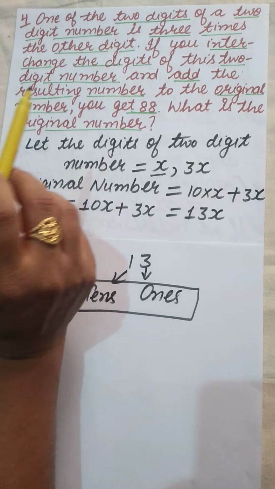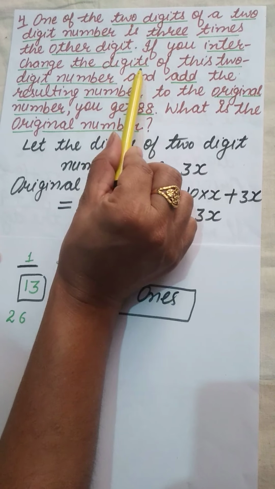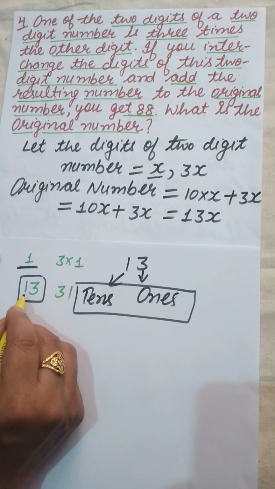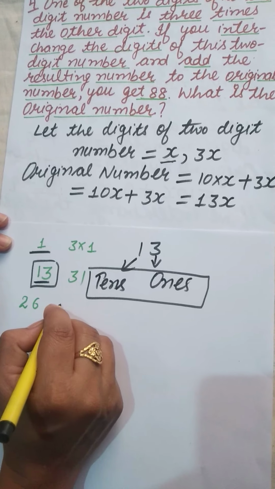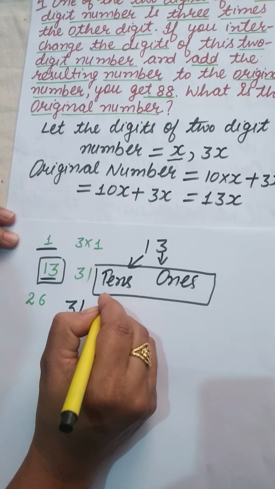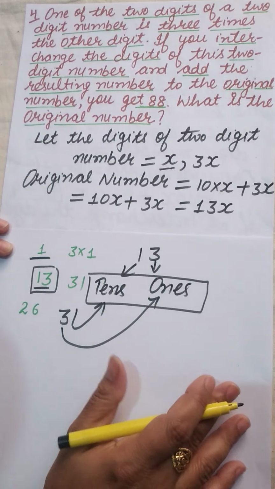Now the next is, if you interchange the digits of this two-digit number. As I have written 13, now I will write 31. It means now 1 will be on the 10's place and 3 will be on the 1's place.